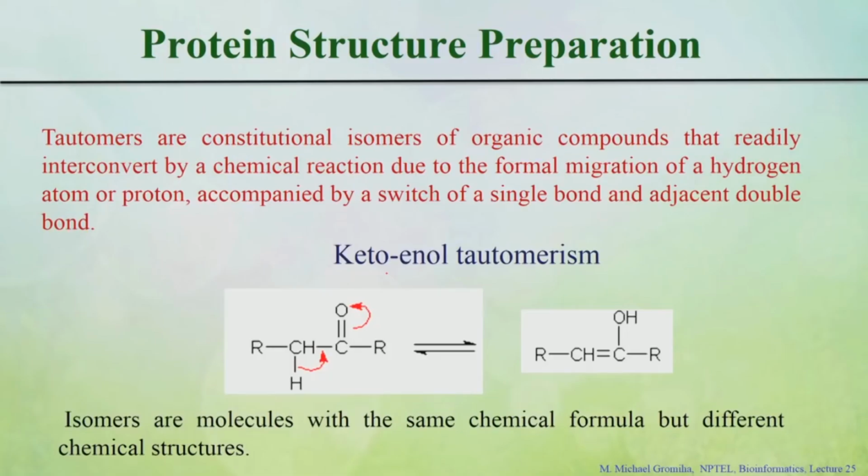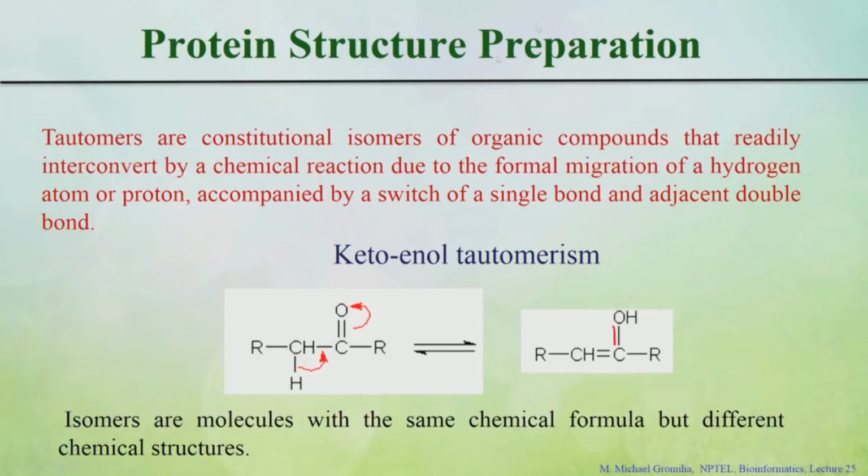These are isomers of organic compounds that interconvert by chemical reaction, for example from keto to enol due to the migration of a hydrogen atom or proton from the single bond to an adjacent double bond. See here this H, this is CO, this is the keto group. So, protonation happens here, then finally this single bond is OH, this is called keto-enol tautomerism, right.